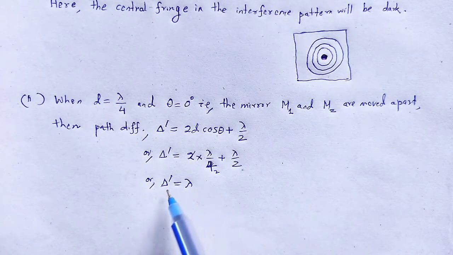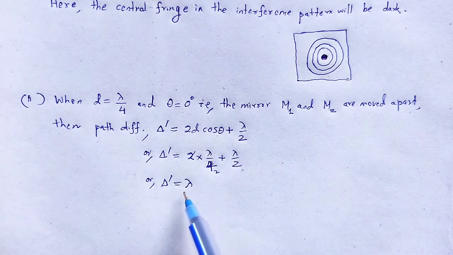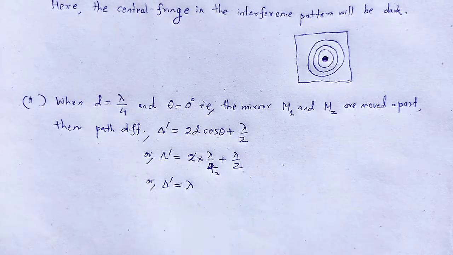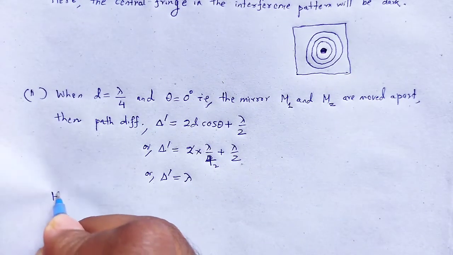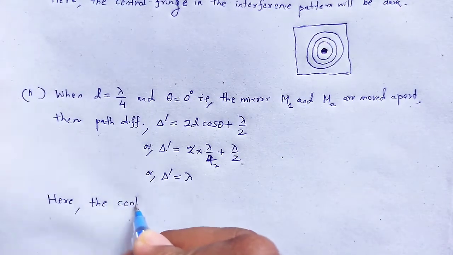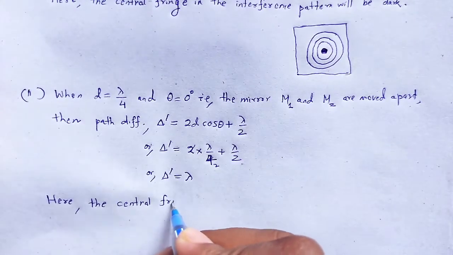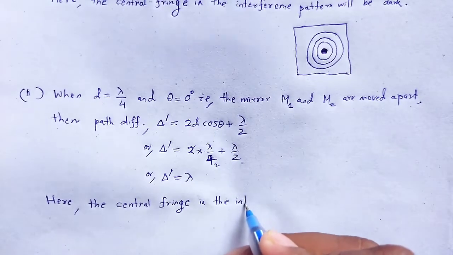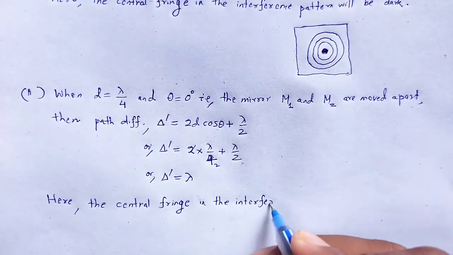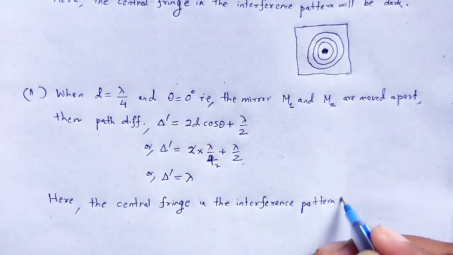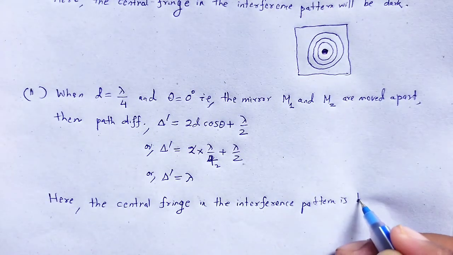Here as delta dash is equal to lambda, that is an integral multiple of lambda, so the central fringe in the interference pattern will be bright. Here the central fringe in the interference pattern is bright.